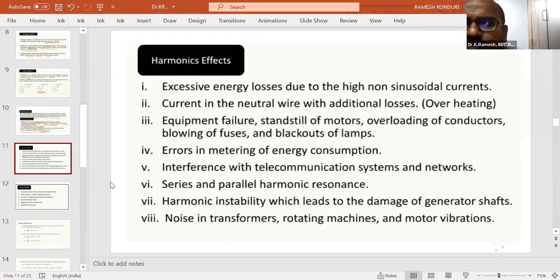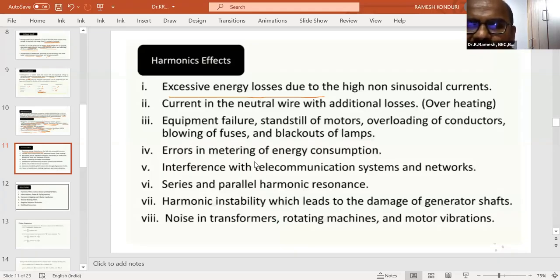So what are the effects of these harmonics? Basically there are excessive energy losses. These are associated with integral multiples of the fundamental frequency: double the frequency is a second order harmonic, triple the frequency is a third order harmonic, four times the fundamental frequency is a fourth order harmonic, etc. As the frequency goes on increasing, the core losses of a magnetic core depend upon the frequency.